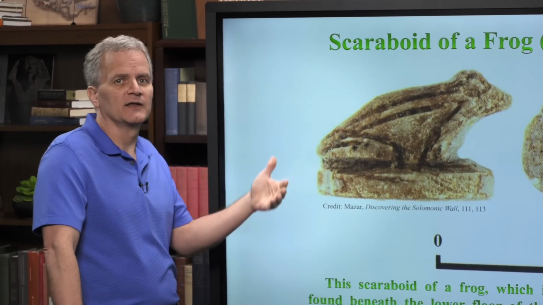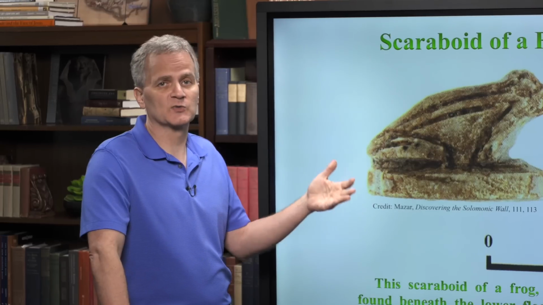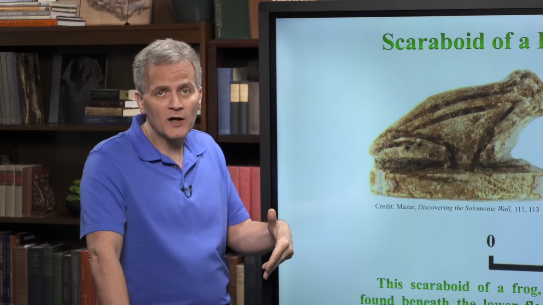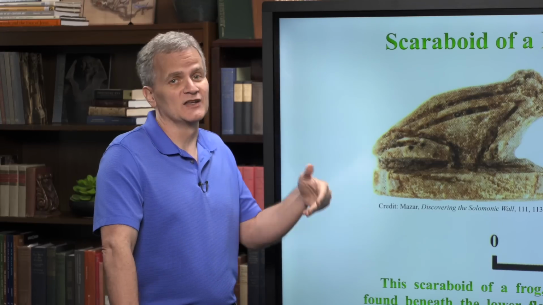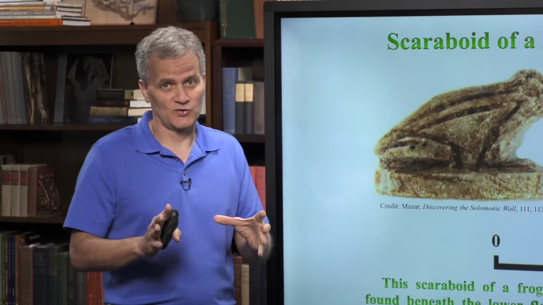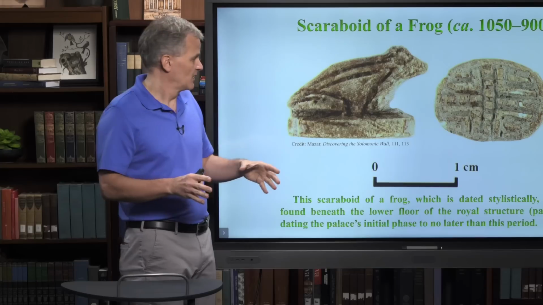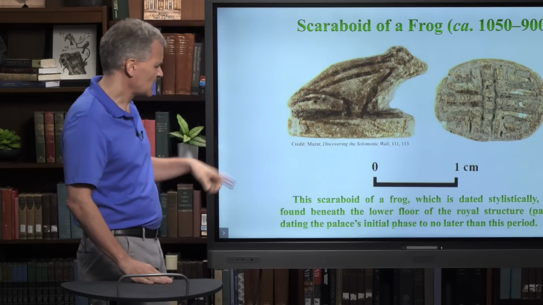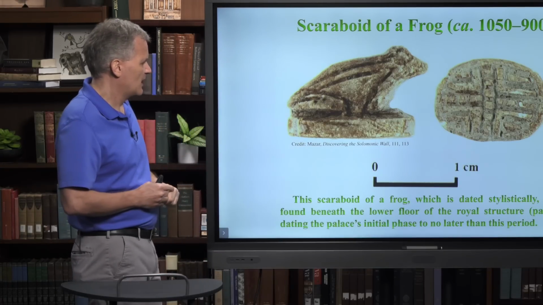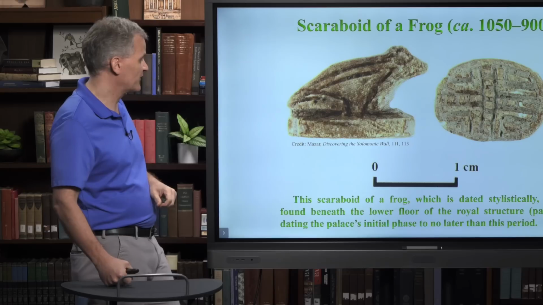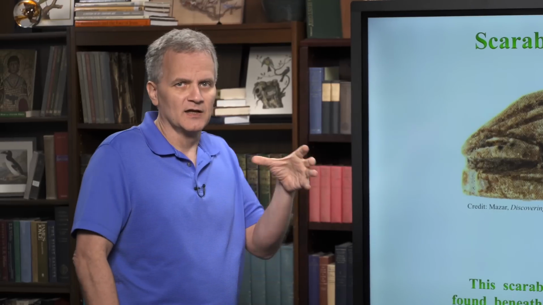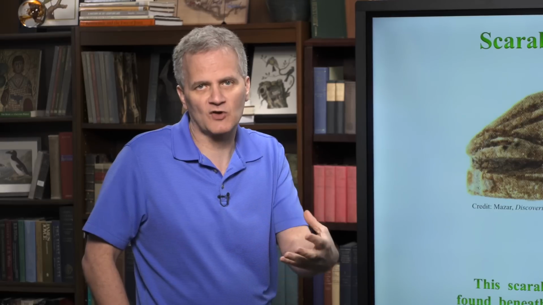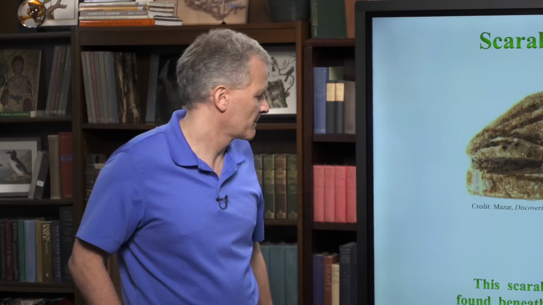And clearly, there's no evidence that this structure was built during the Late Bronze Age 1, so it's almost certainly not 12th century, 11th century, so that pretty much leaves the 10th century BC as the right time frame for the building of it, because this frog scaraboid, which again is dated stylistically, was found beneath the lower floor of the royal structure, that building that we suggested may be Solomon's palace, as the Bible describes, the house that Solomon built.